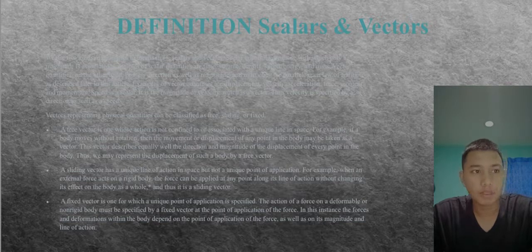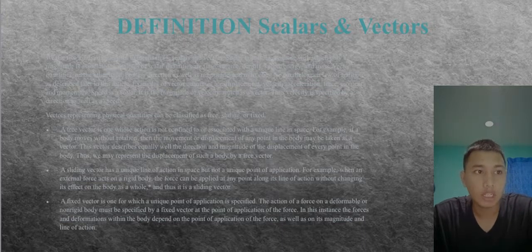Vectors representing physical quantities can be classified as free, sliding, or fixed. The first one, a free vector, is one whose action is not confined to or associated with a unique line in space.